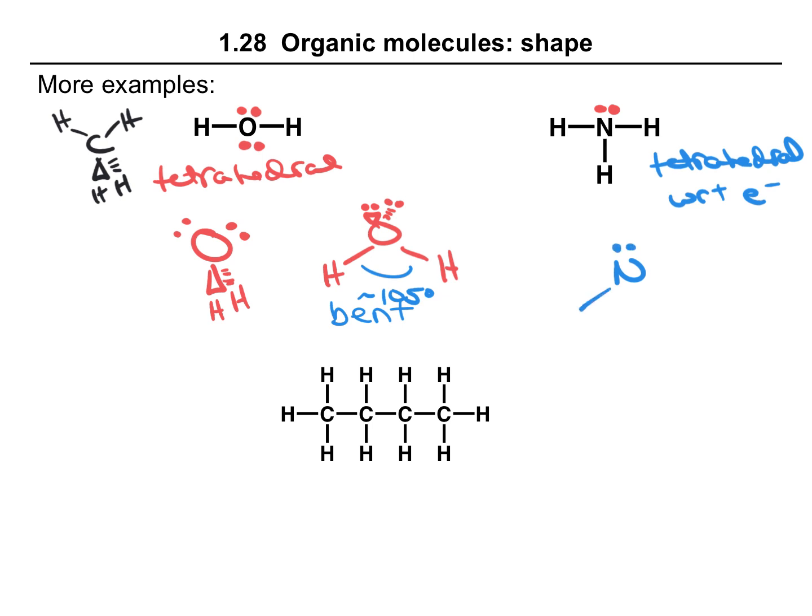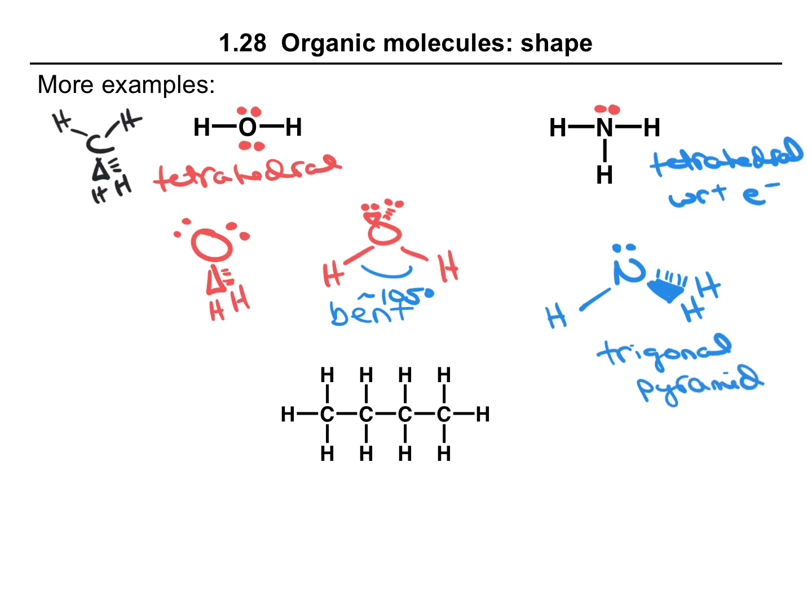Going down and to the left in the plane is one of our hydrogens, and then coming forward and to the right is a hydrogen, going back behind and to the right is another hydrogen. So with respect to all electron groups, it is tetrahedral. With respect to the atoms, this is called a trigonal pyramid.